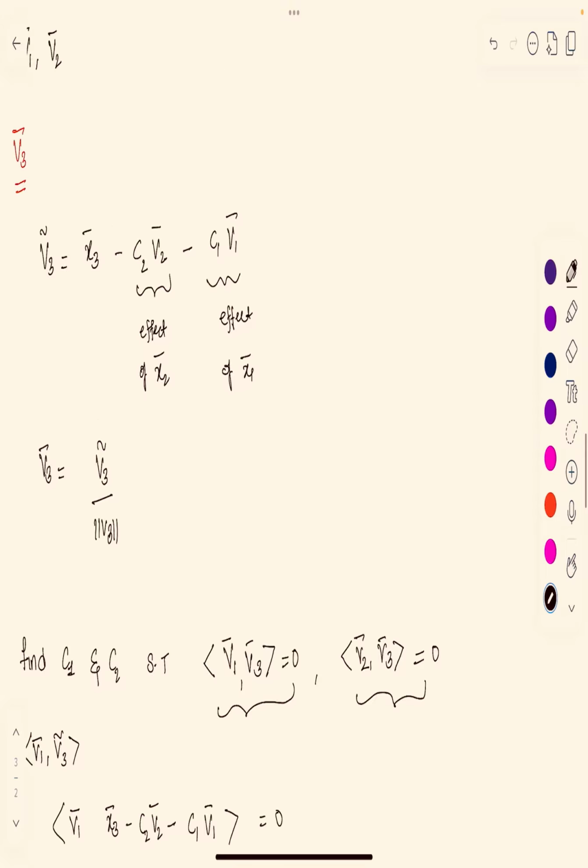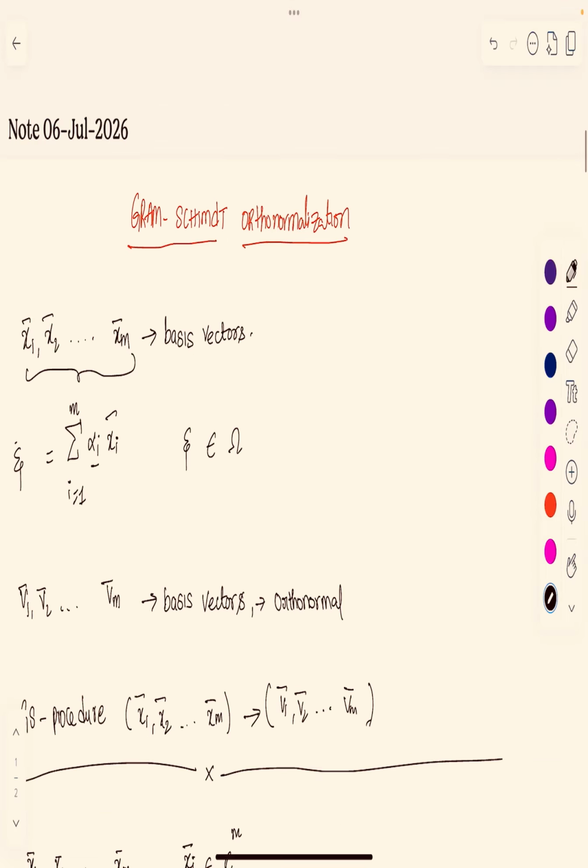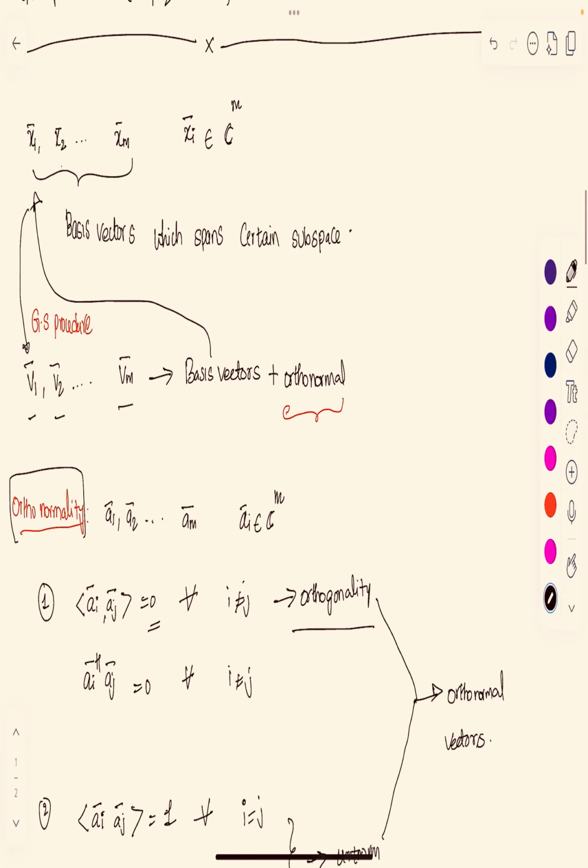So I'll just recap what we have done. We started with m deterministic vectors, and each vector is a complex m-dimensional vector. They are basis vectors which span a certain subspace, and we wanted to find another set of vectors which are basis vectors and also orthonormal, and which span the same subspace as x1 bar, x2 bar, and so on up to xm bar.